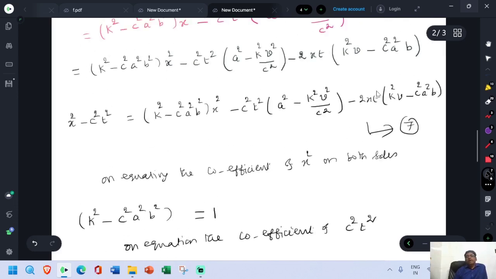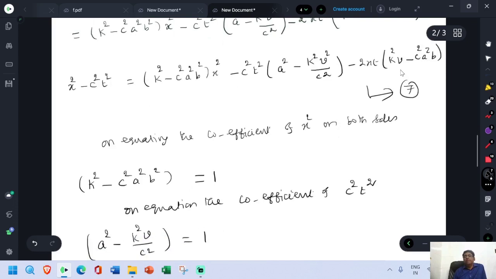Now equate the coefficient of this 2xt term. No 2xt term is present in the left hand side, so this could equal 0.